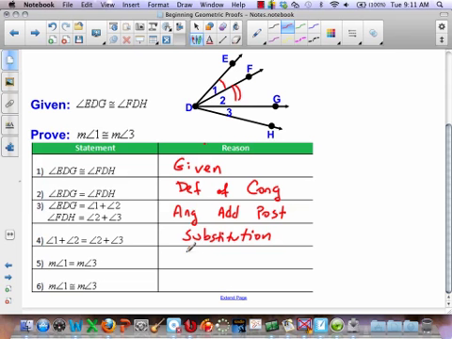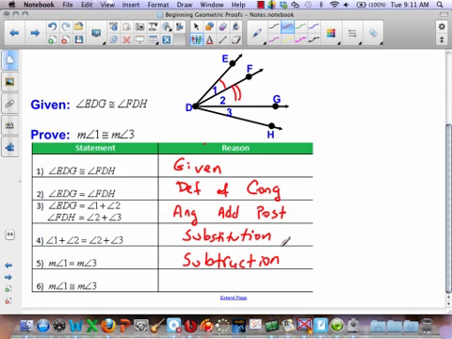The 2. So how do we get rid of the 2's? You subtract. That's a subtraction property. They subtracted angle 2 from both sides.